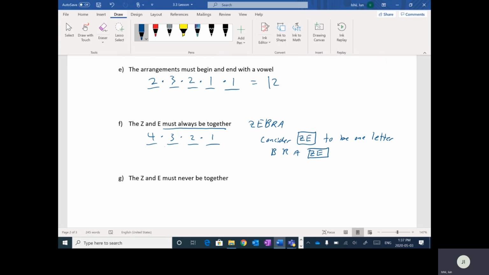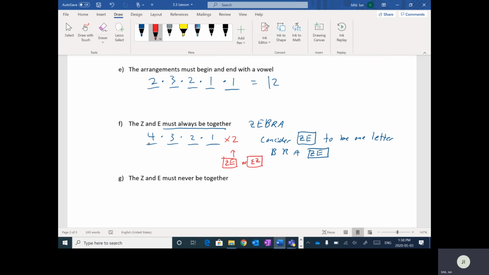Now, there's one more adjustment we need to make, which is to multiply this by 2. The reason we're multiplying by 2 is because there are 2 ways of arranging the Z and the E. You can have ZE, or you can have EZ. So these 2 would be flip-flopped. There are 2 different ways of combining the Z and the E, the ZE and EZ.